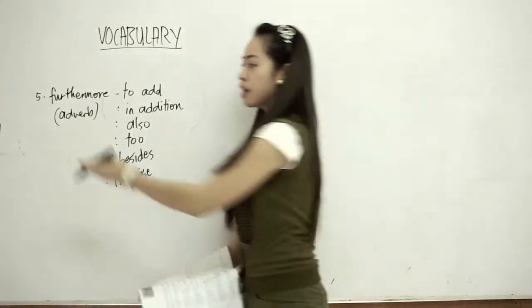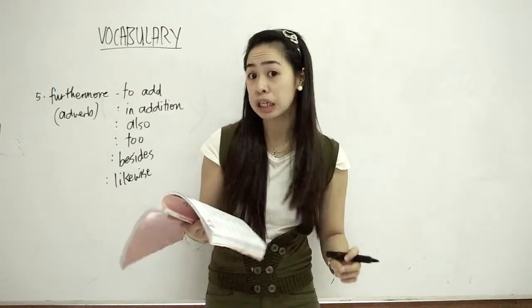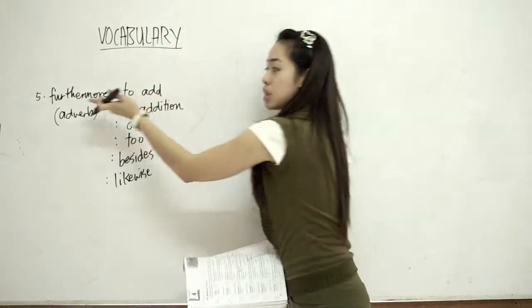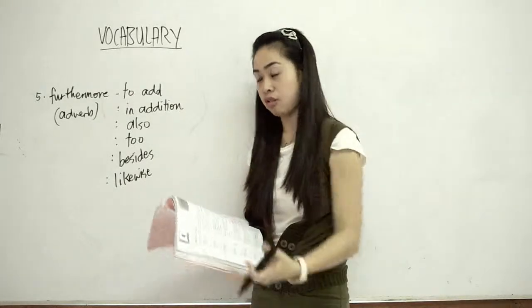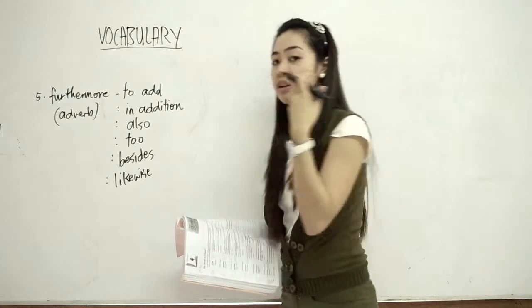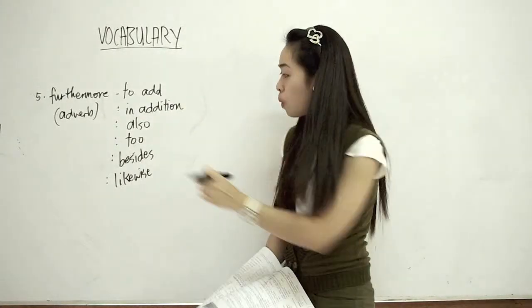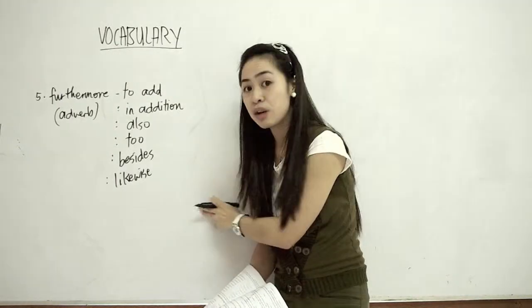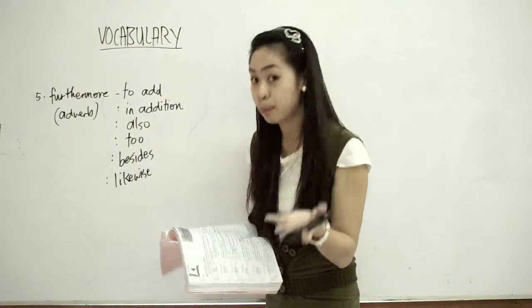Since furthermore acts here as an adverb, there is no particular antonym for this word, because when we say furthermore, you're just adding information. You are giving addition to what the speaker said or what you want to say. You put the words also, too, besides, likewise. It's simply giving more information or giving more examples.